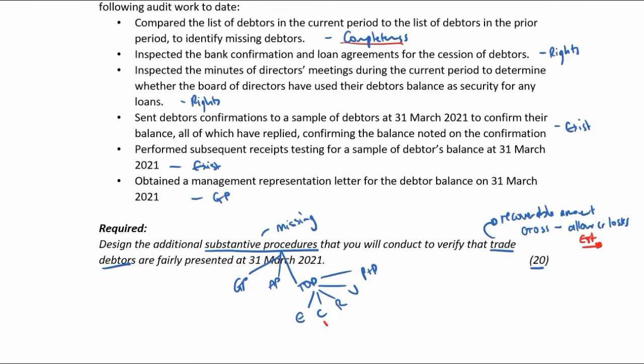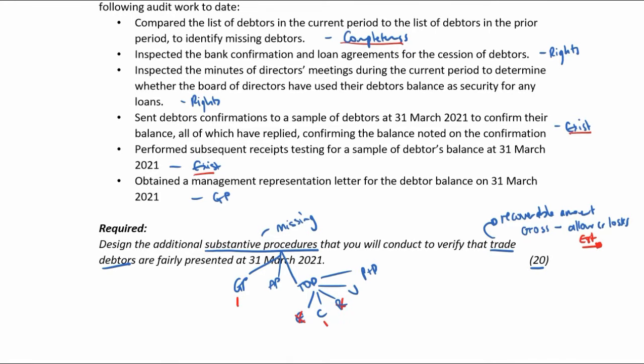So I'm actually going to cross off rights because I'm comfortable that they've done sufficient procedures for rights. Existence. I've now got debtors' confirmations and subsequent receipt testing. So from a debtor's perspective, I feel like they've done sufficient for existence. So I'm going to cross off existence. And then I've got one procedure as a general procedure.